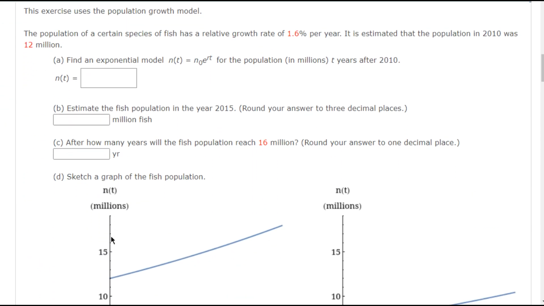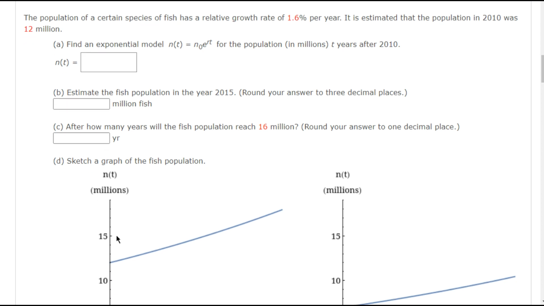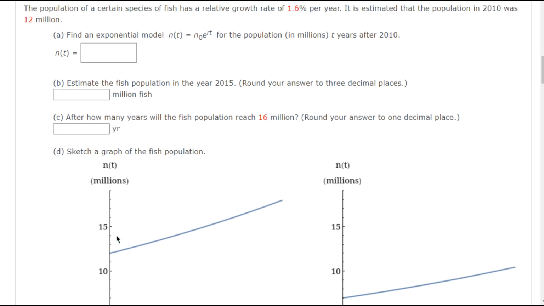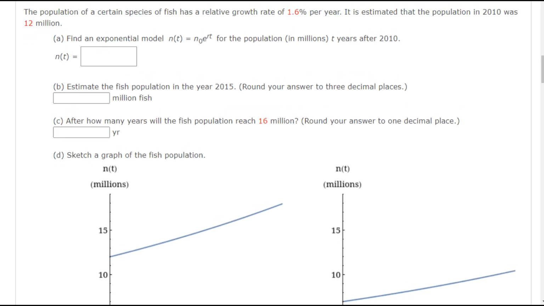Okay, next question is another population growth model. We have a certain species of fish that has a relative growth rate of 1.6% per year. It was estimated in 2010 that the population was 12 million.